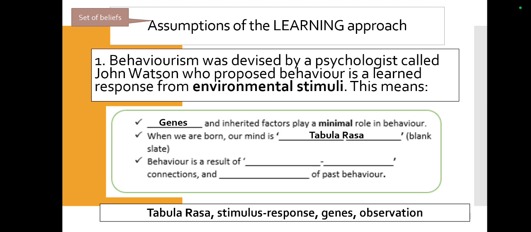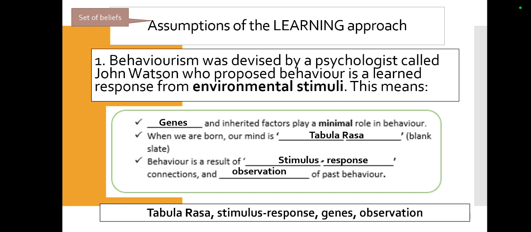They also believe that behaviour is a result of stimulus response. So when John Watson claimed that all behaviour is learned from environmental stimuli, this is what he meant. All behaviour is a product of stimulus response connections and also observations of past behaviour.